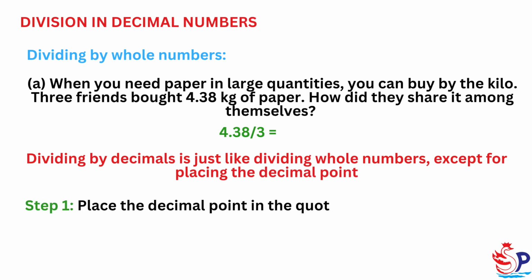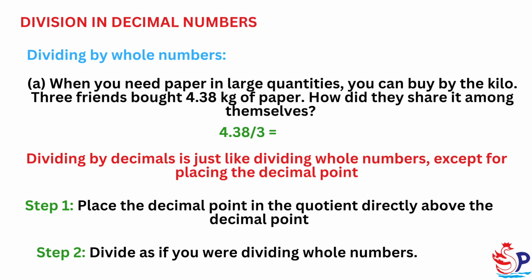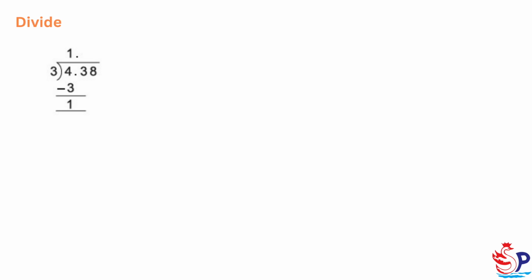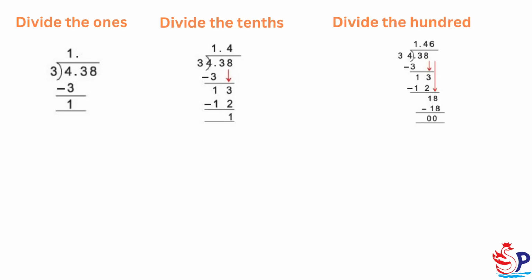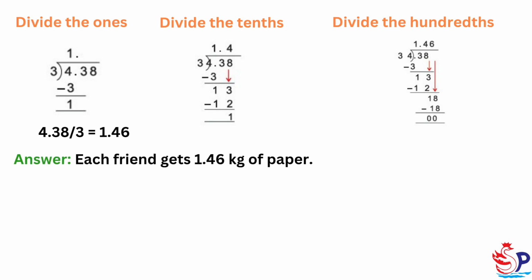Step 1. Place the decimal point in the quotient directly above the decimal point. Step 2. Divide as if you were dividing whole numbers. Divide the ones. Divide the tenths. Divide the hundredths. 4.38 divided by 3 equals 1.46. Answer. Each friend gets 1.46 kilograms of paper.